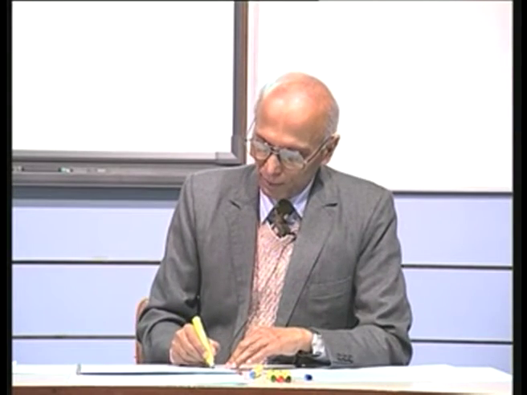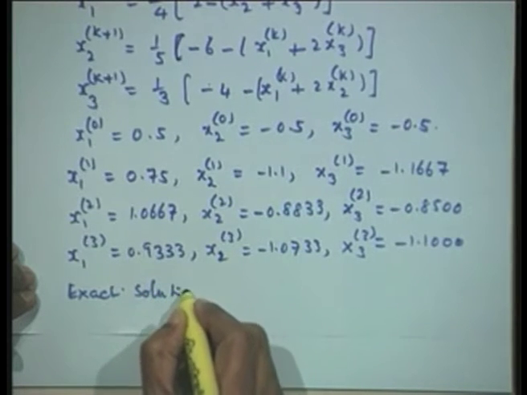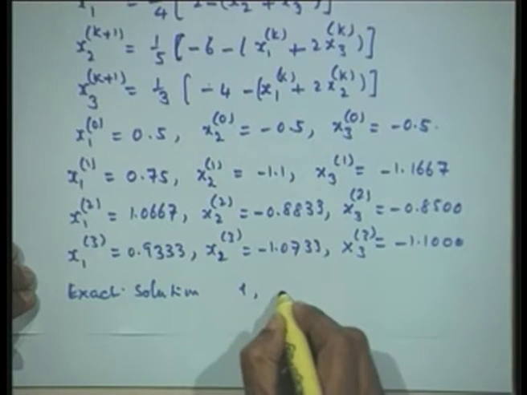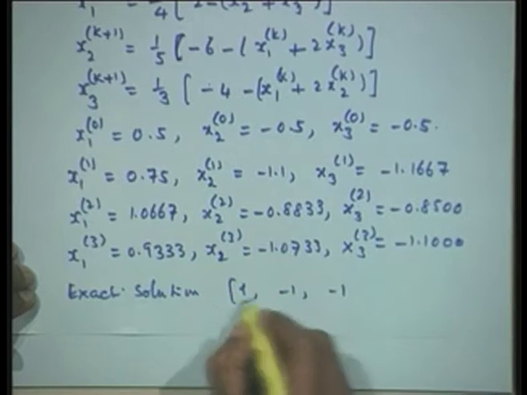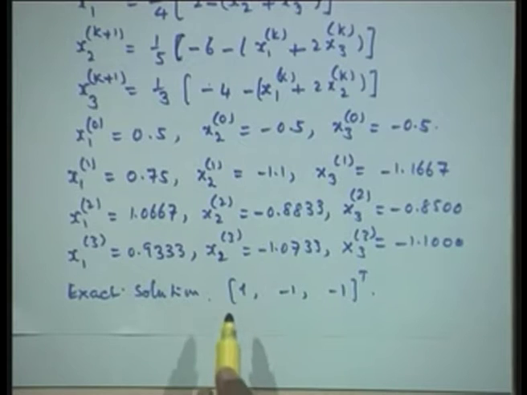The exact solution I may give, so we can compare it. The exact solution is 1, minus 1, minus 1. So, the solution vector is 1, minus 1, minus 1.